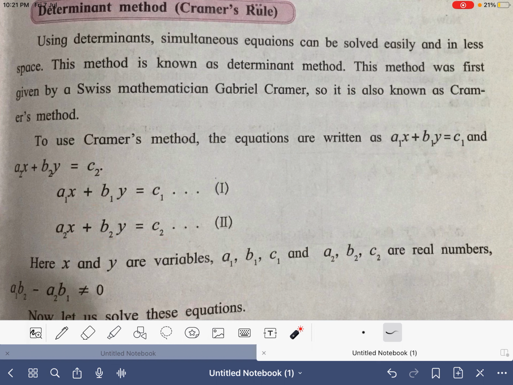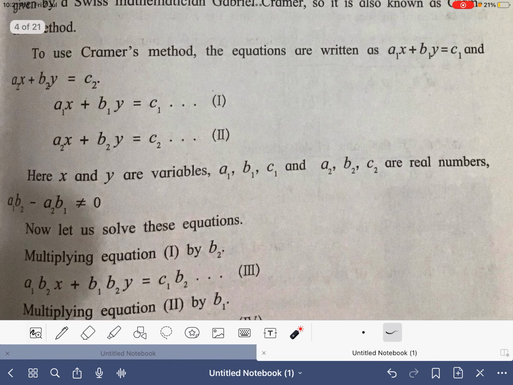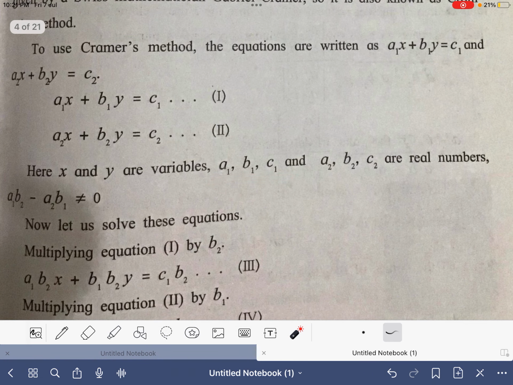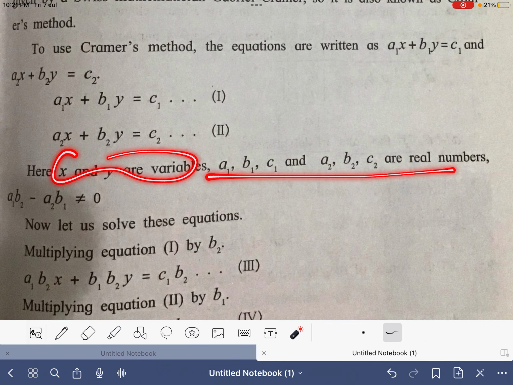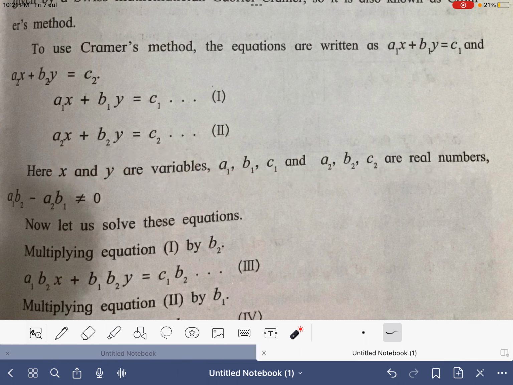So from equations 1 and 2 we get a1, b1, c1, a2, b2, c2. Actually x and y are the variables, and these are the numerical values which we are putting in those equations.